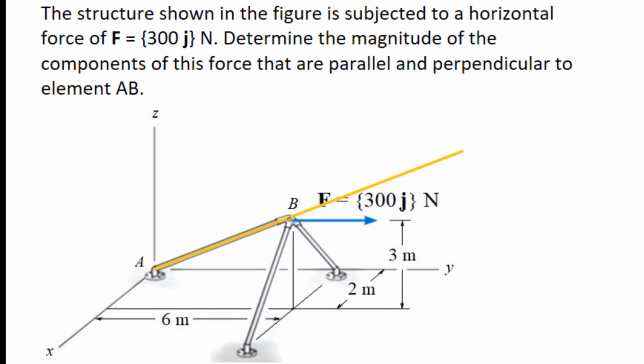On the other hand, we have a perpendicular line to my element AB. Using these lines as a reference, it's possible to show a parallelogram to find the components onto my AB line and the perpendicular one.